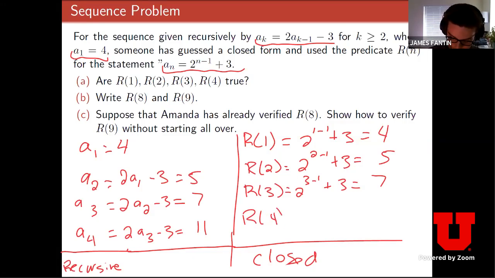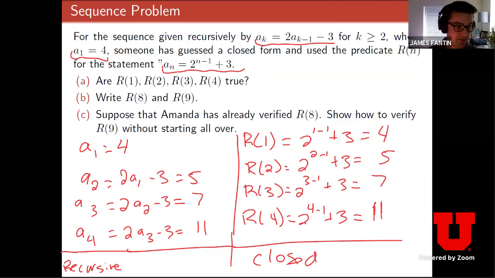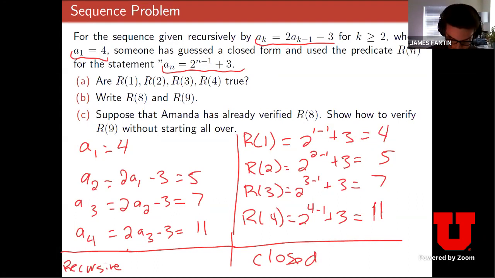And a4 is 2 to the 4 minus 1 plus 3, which is 8 plus 3, which is 11. So yes, the values we obtained from the closed form formula give the same values that we got from the recursive formula. So yes, this is true for the first 4 numbers. Obviously, this would not be a proof that this is indeed the closed form formula, but it shows us for the first 4 values that this is correct.